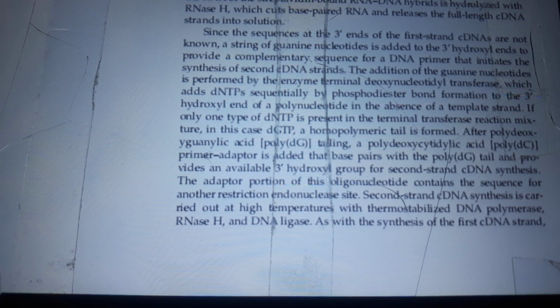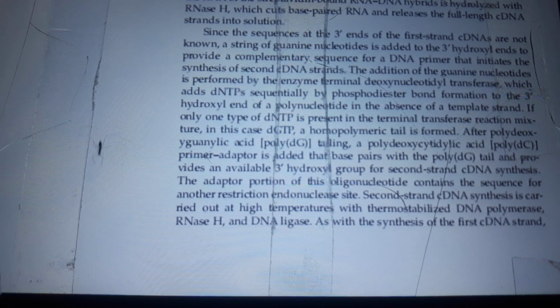The addition of the guanine nucleotides is performed by the enzyme terminal deoxynucleotidyl transferase, which adds dNTPs sequentially by phosphodiester bond formation to the 3' hydroxyl end of a polynucleotide in the absence of a template strand. If only one type of dNTP is present in the terminal transferase reaction mixture, in this case dGTP, a homopolymeric tail is formed.